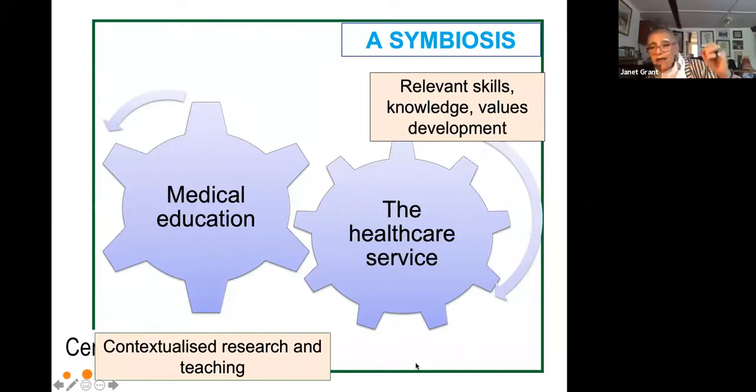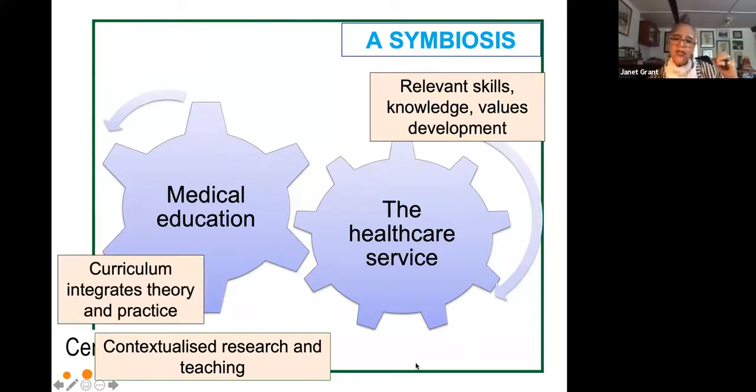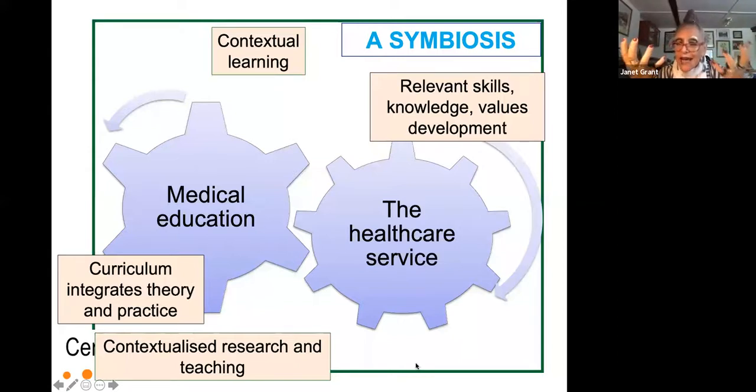So look at where research is going to happen. Where is teaching going to happen? Your curriculum will integrate theory and practice if you do this. You do not have to do anything other than set your curriculum inside the healthcare context and your local social context. So learning will be contextual.